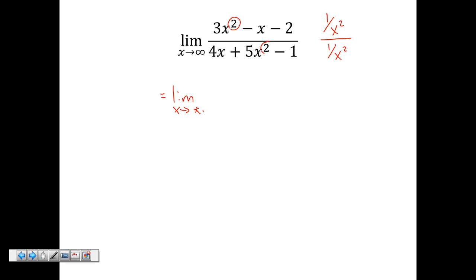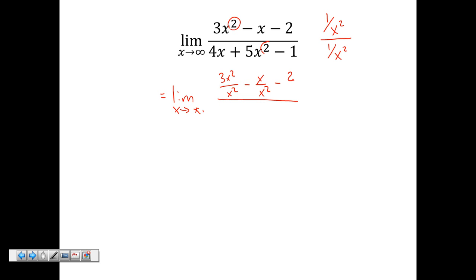But back to the algebra that's going on here. When I go 3x squared over x squared, because I'm dividing all of these terms by x squared, some nice stuff is going to happen with that one. When I divide x by x squared, some stuff is going to happen, maybe not nice.